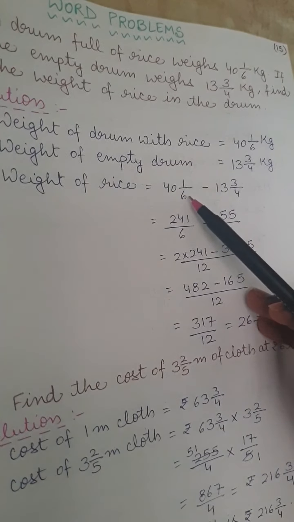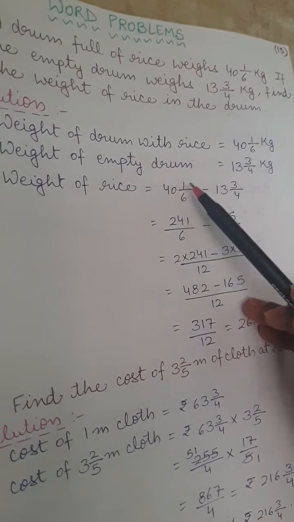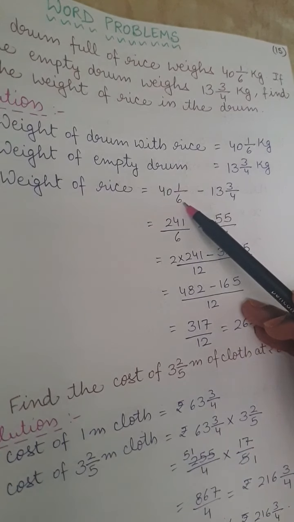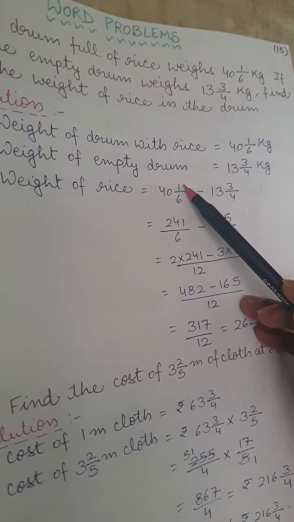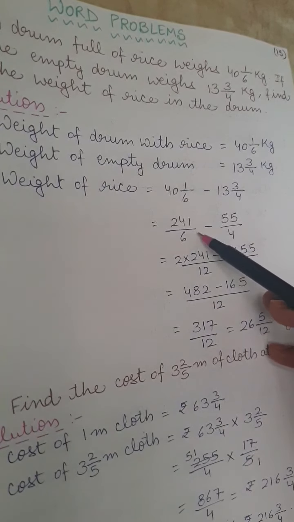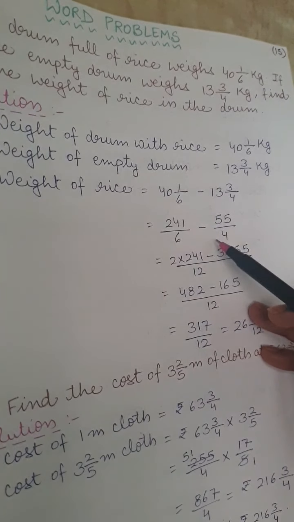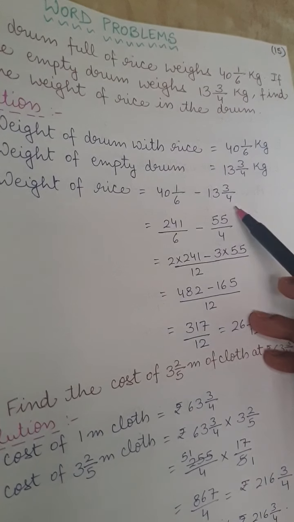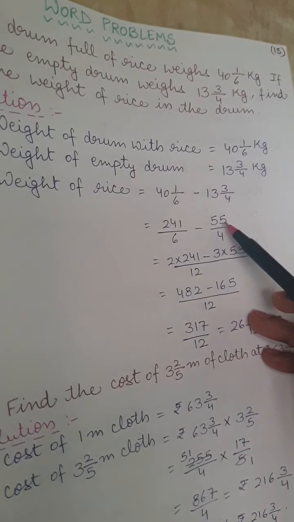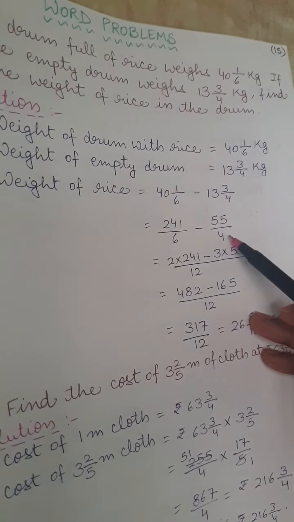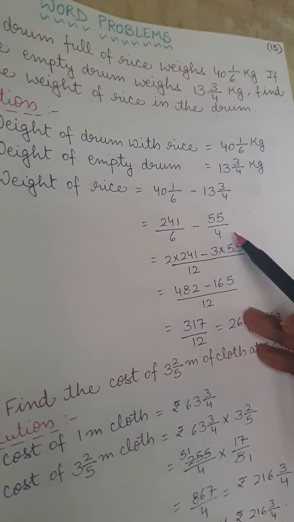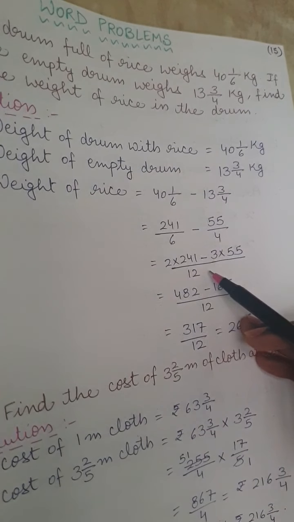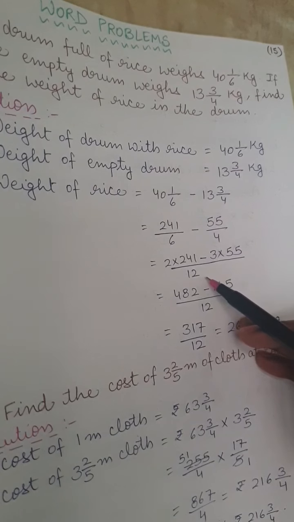The method is to multiply 40 by 6, then add 1 to it. So what we get? 241 divided by 6 minus 13 into 4 plus 3, that is 55 upon 4. Now take LCM of 6 and 4, which is 12.